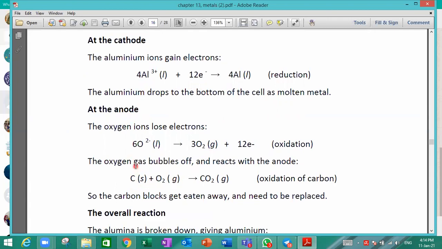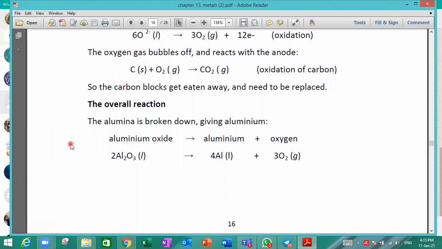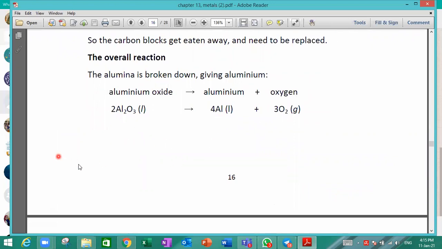And also at the anode, the oxygen gas that is produced here will react with carbon electrodes to form carbon dioxide. So the carbon blocks will be eaten away and need to be replaced. So the overall reaction is that the aluminium oxide that is present in the bauxite ore will change to aluminium liquid and oxygen gas.